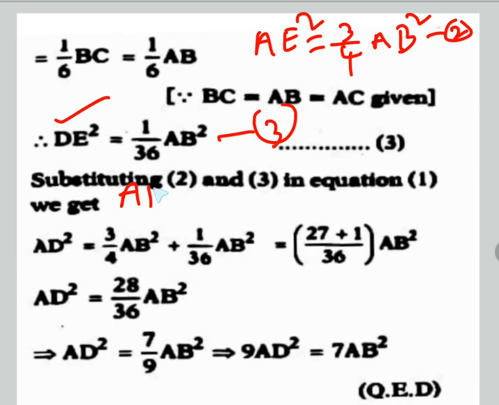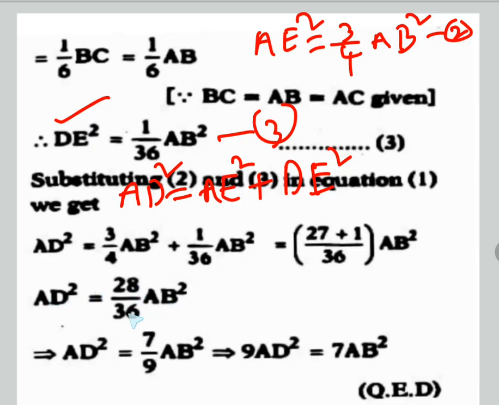AD square is equal to AE square plus DE square, and AE square is equal to 3 by 4 AB square, this one, and DE square is equal to 1 by 36 AB square. 36 is the LCM, taking AB square common, 4 9s are 36, so 9 3s are 27 plus 1 by 36, that is equal to 28 by 36 AB square.